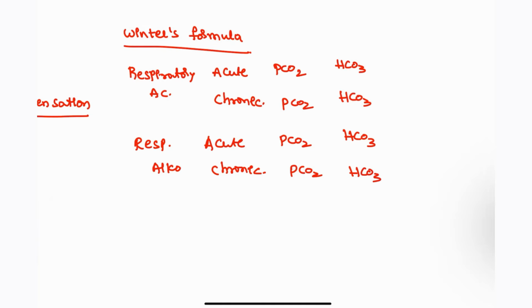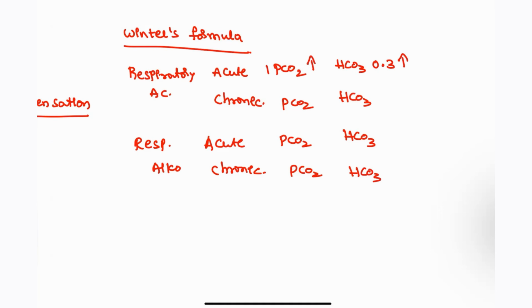But sometimes the Winter's formula will be confusing in the examination, so to avoid that, just remember this mnemonic, guys, so that you won't be confused in the examination. Okay, first thing, I will tell this very simple formula that you have to mug up. For example, if there is an acute respiratory acidosis, for every 1 PCO2 increase, how much HCO3 has to be increased? 0.3. 0.3 mEq also has to be increased.